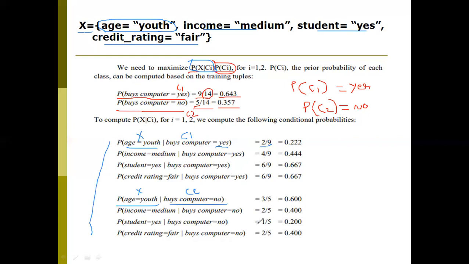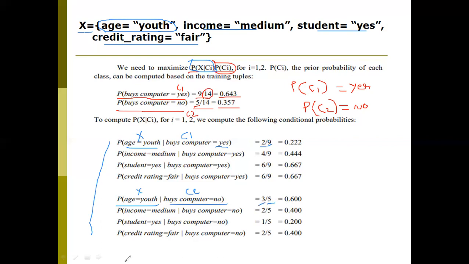First of all, I'm going to write whether this particular person buys a computer or not: no. So under the no, how many records are there in our table? 5 records are class labeled with no. Out of these 5 records, how many are under the age of youth?